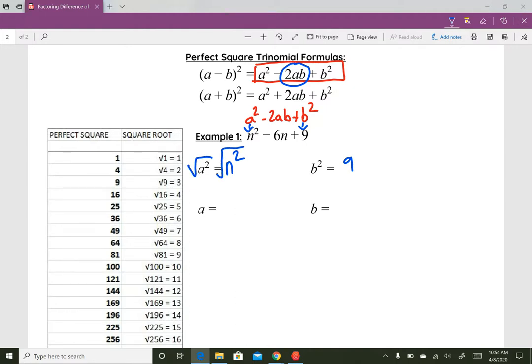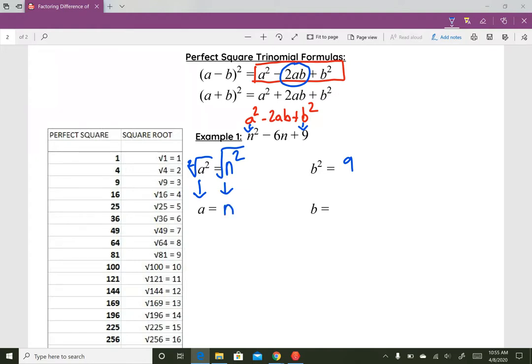Even though we don't see it on this list of perfect squares, the square root of a squared just becomes a, because the square root has an index of 2, and 2 divided by 2 just becomes a. So if the square root of a squared is a, then the square root of n squared is just n.